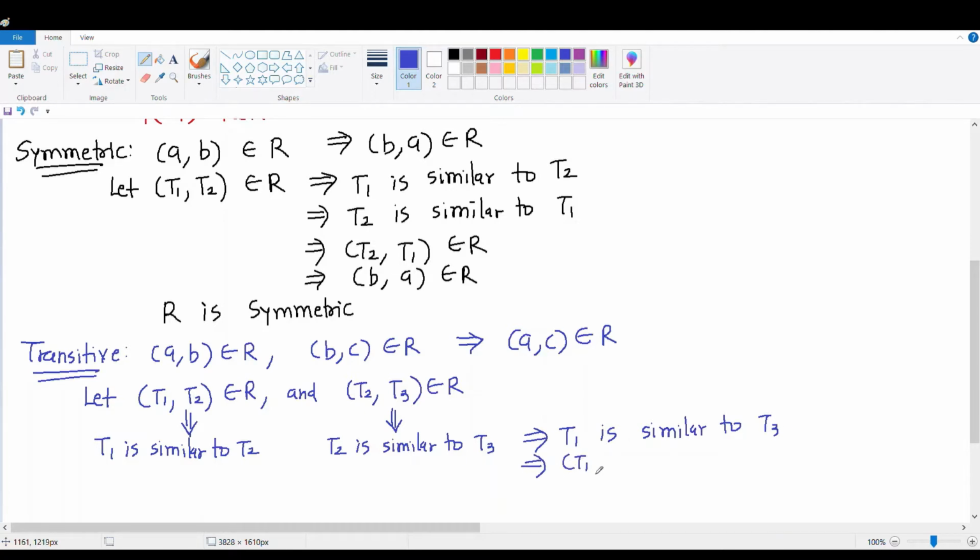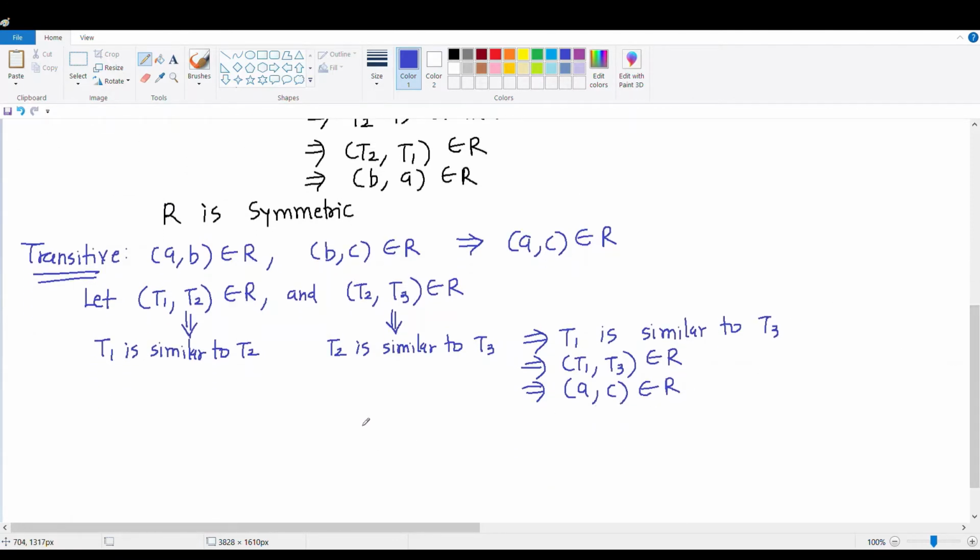That means (T1, T3) belongs to R. Since T1 was A and T3 was C, (A, C) belongs to R, and as soon as we prove that, R is transitive. Hence R is an equivalence relation.